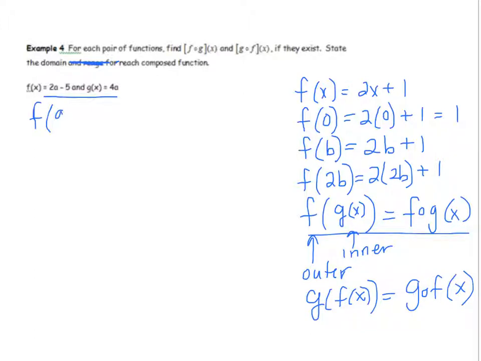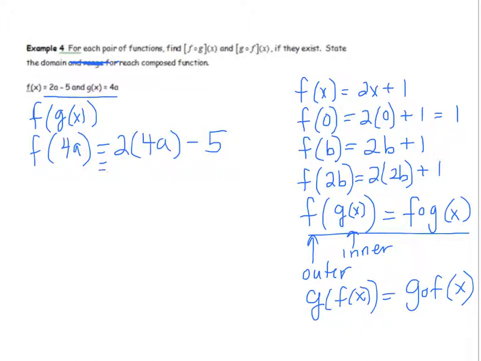Well, what is g of x? Well, g of x is 4a. So we're going to take the f function, and everywhere there's a variable, I'm going to put the parentheses, I'm going to put 4a in there, and this is going to be 8a minus 5. And the domain of this would be all reals because it's just a line.